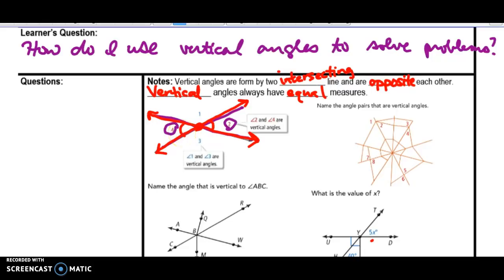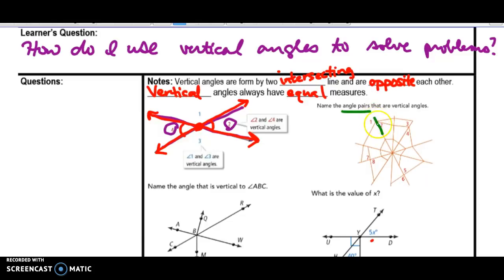So let's look through this diagram. Let's look for some angle pairs that are vertical. So for example, I'm going to look at angle 1 here. I see an angle that is opposite of angle 1, and that's angle 2. But these angles aren't both formed by the same two lines.